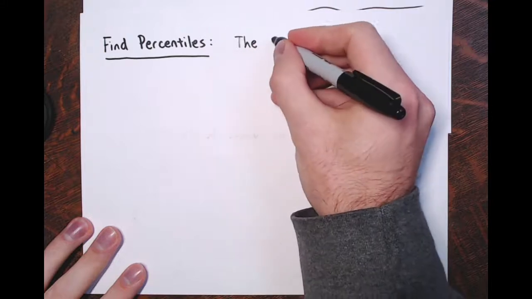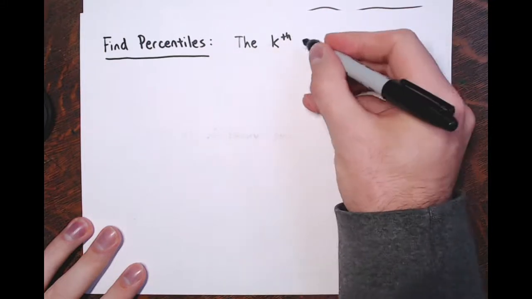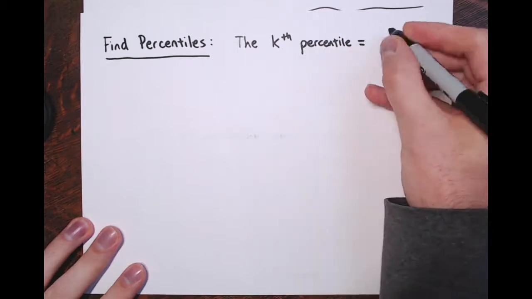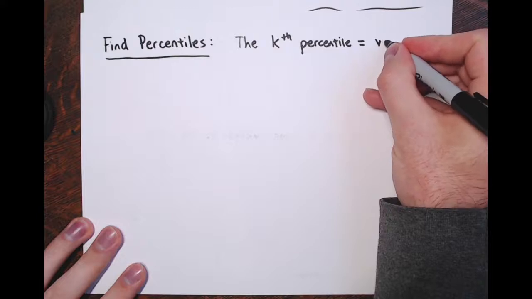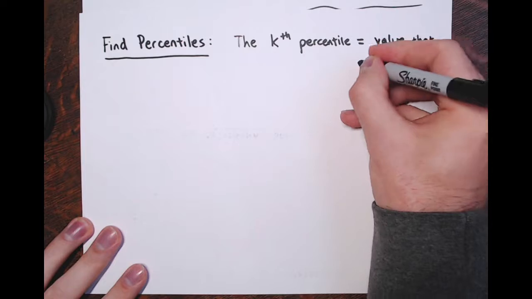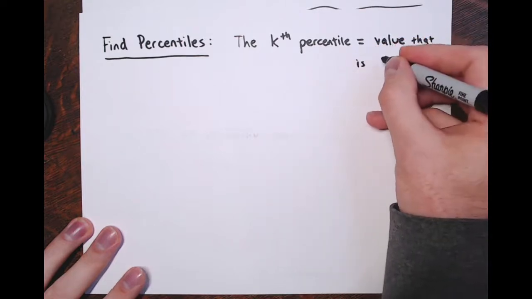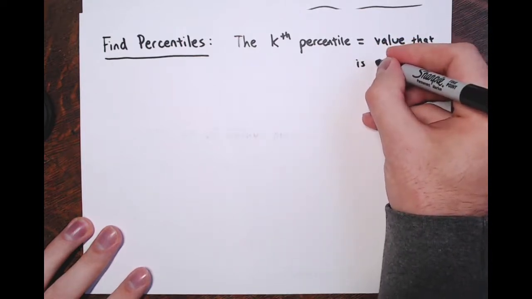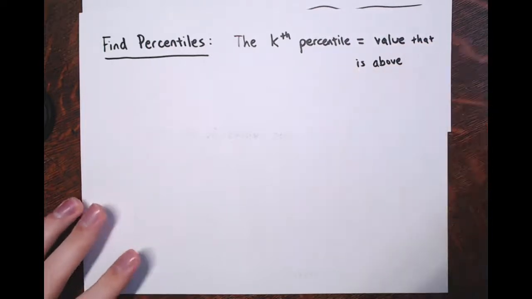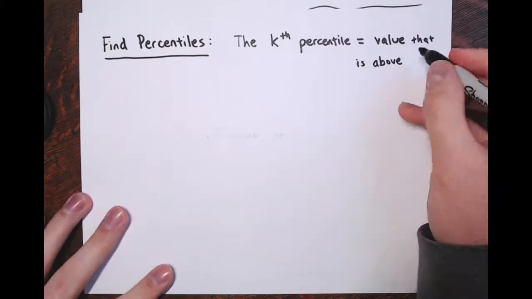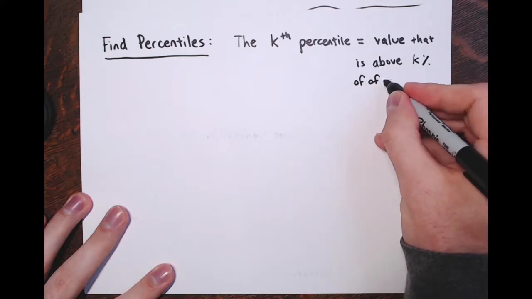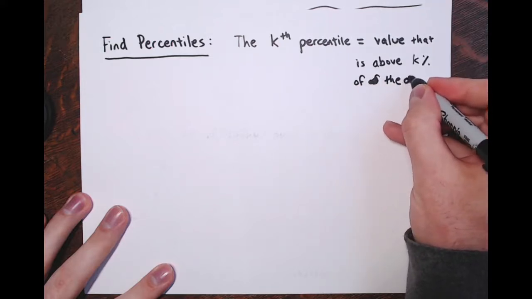So when you say something is in the kth percentile, that means a value that is better than or equal to, that is above k percent of the data values of the data set.